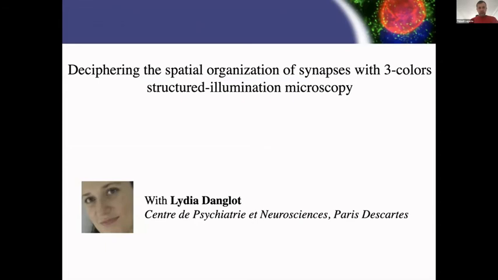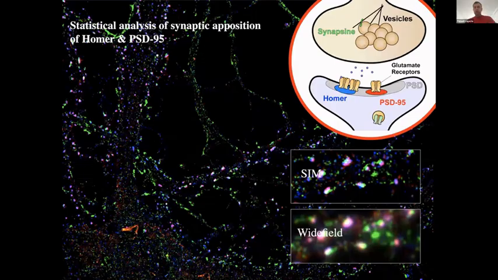We analyzed the coupling between three color spots. In blue, Homer, and PSD95 in red. These are two postsynaptic molecules. And we look at the apposition with synapsin in green, which is a marker of presynaptic vesicles. Here I just give you an example of what we can observe in wide field and structured illumination.